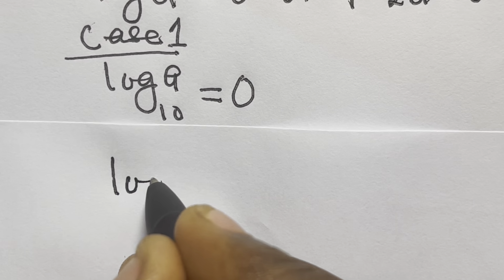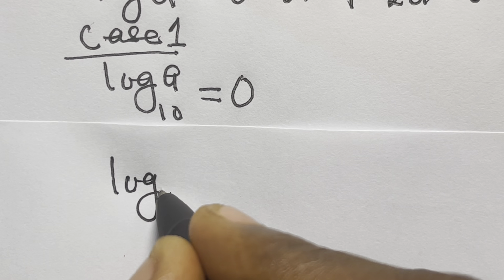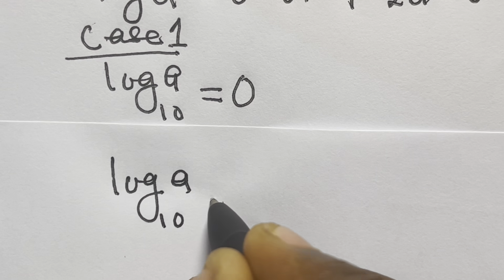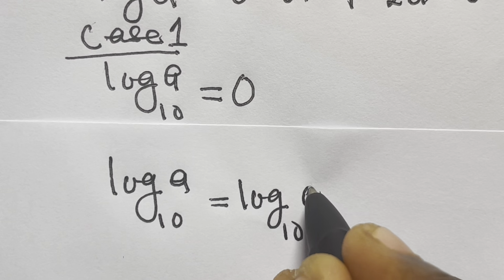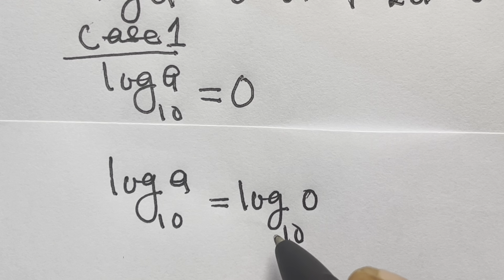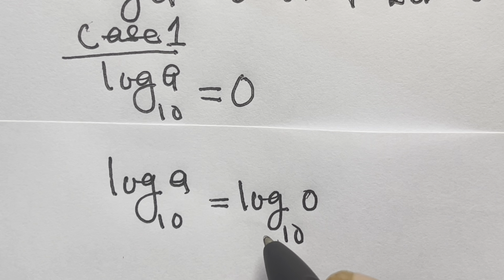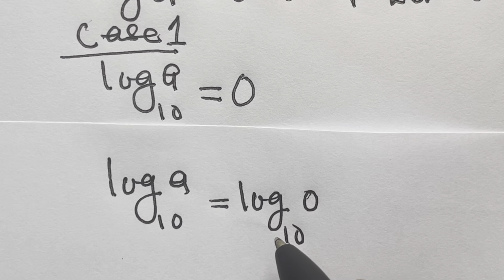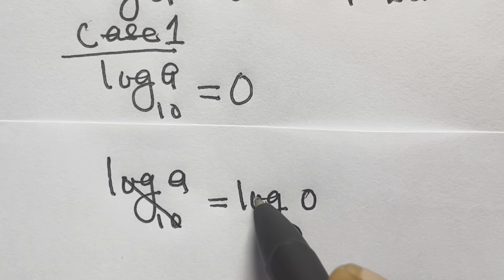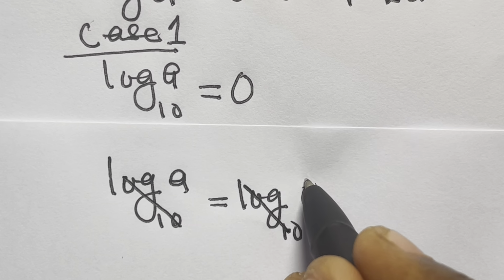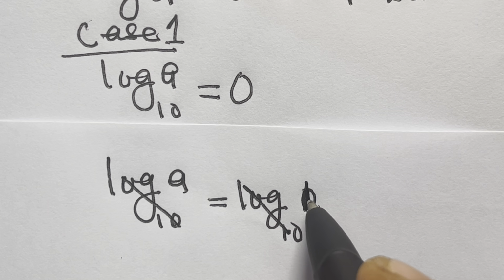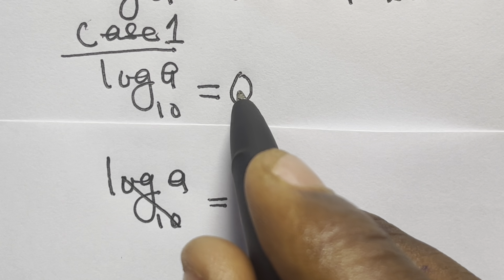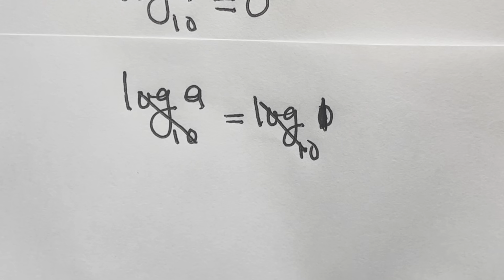So we have log a in base 10 equals log of 1 in base 10, right? Sorry, this is 1. Sorry. So it's when we have 10 raised to power 0, this will become 1.